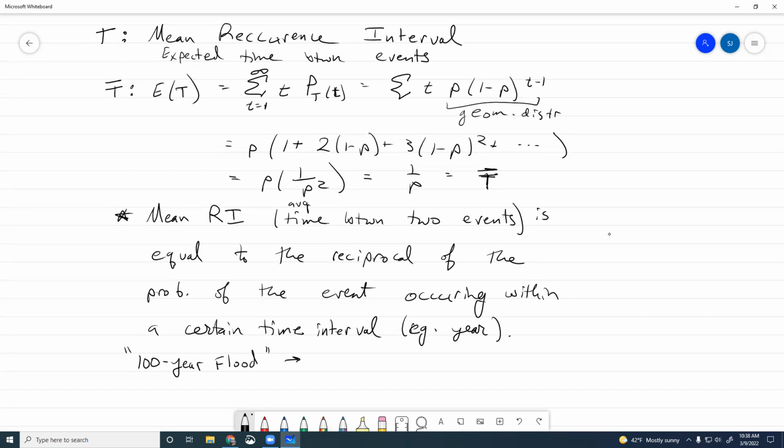And we're saying that each year we have a certain probability of the flood occurring. And the 100-year flood is the flood that has a mean recurrence interval of 100 years. But does that mean the flood happens every 100 years? No. What does that mean, Haley?